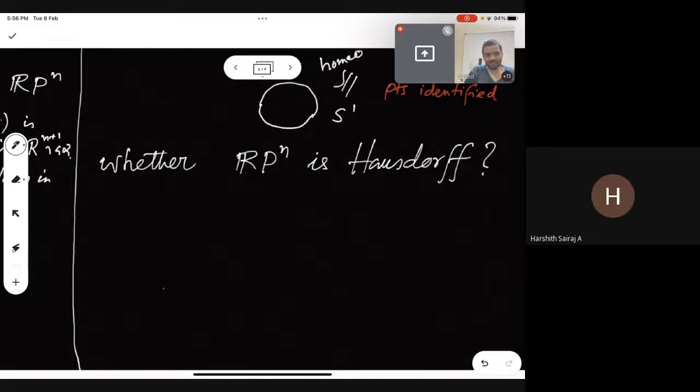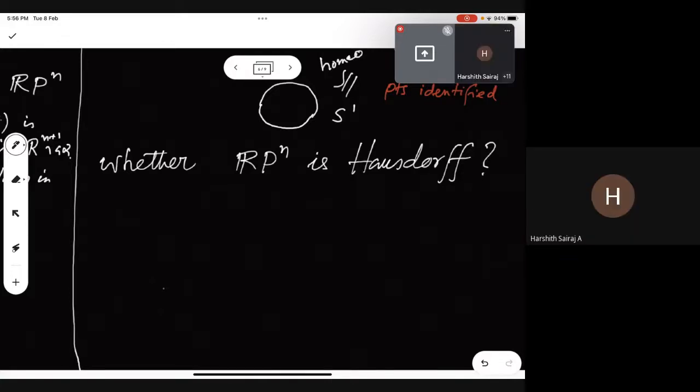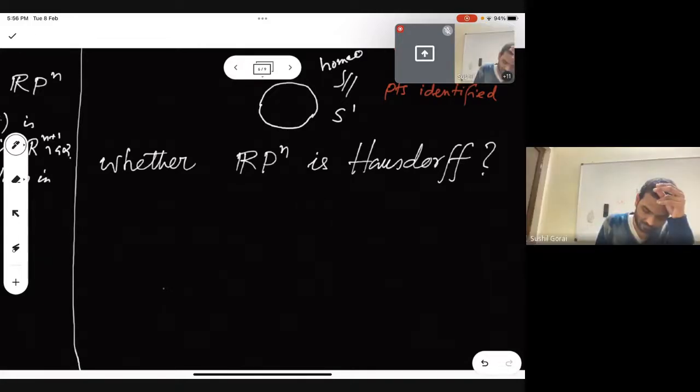Yes, sir. I think the guess would be like if I have 2 points, then you can have cones from the origin as open sets that will not intersect. Right. Yeah. So the point is, something like this.